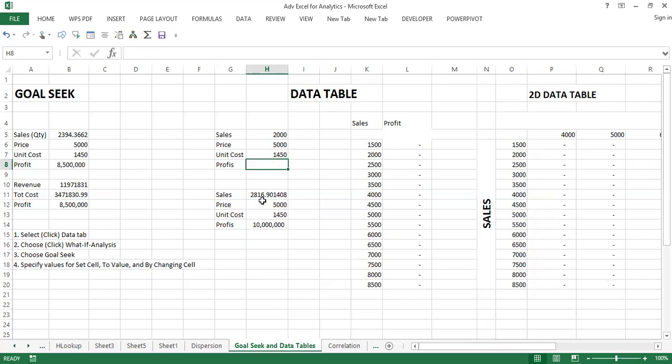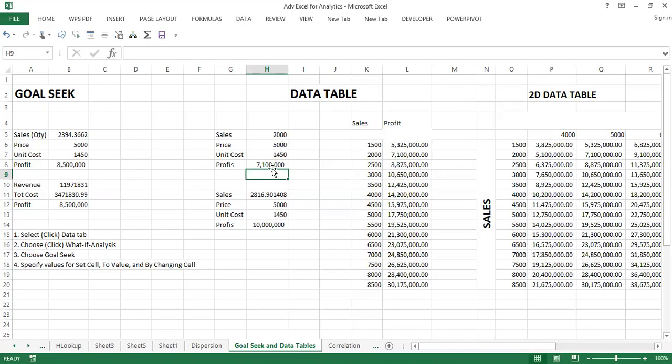You are going to say equals price, click on price, times sales, minus unit cost, times sales. Enter. So that should give you this value exactly.